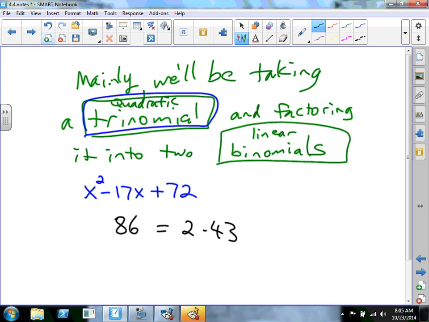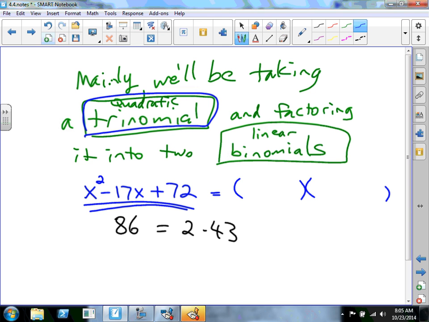So what we're going to do with this trinomial is break it down into 2 things that could multiply out to equal it. Hey, wait a minute, those parentheses, that looks like we're going to be FOILing. Well, yeah, you kind of are. To check your work, you can FOIL to see if what you've done gets you back to where you started from. And so some people call factoring unFOILing, and I can see why they do. It makes sense.